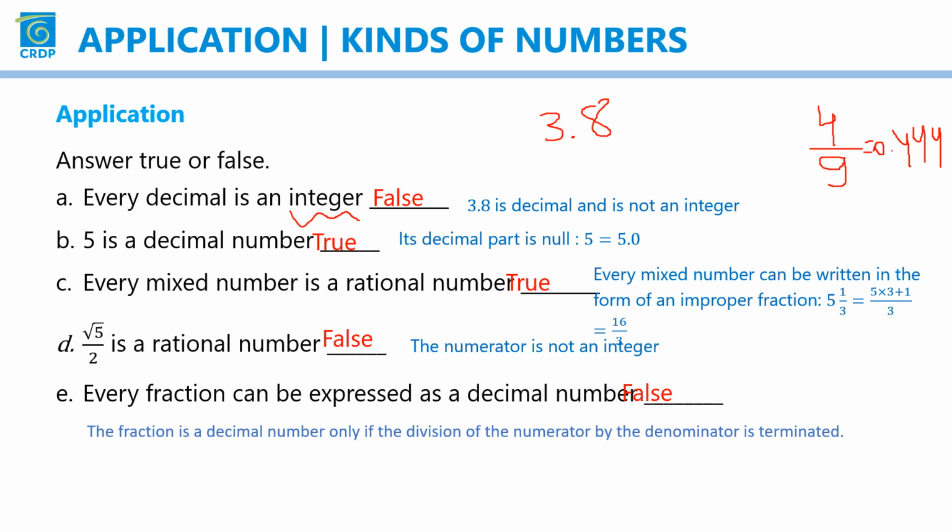So it's not a decimal number. A decimal number should be limited. So the fraction is a decimal number only if the division of the numerator by the denominator is terminated. Terminated means limited. The answer is exact, like 0.4 only. But this number is not a decimal number, so false.